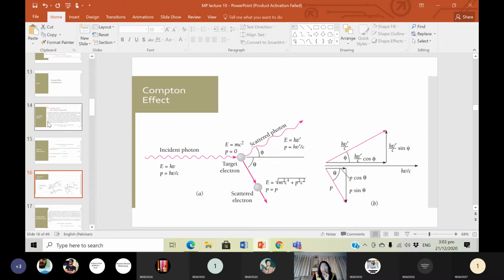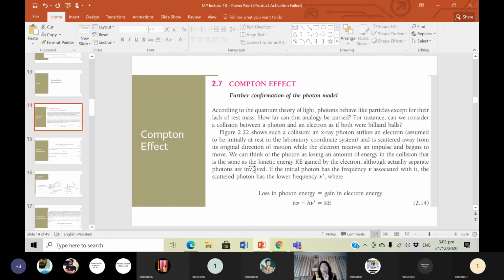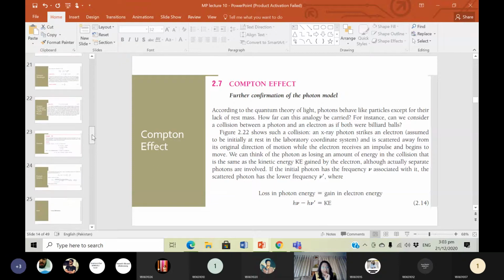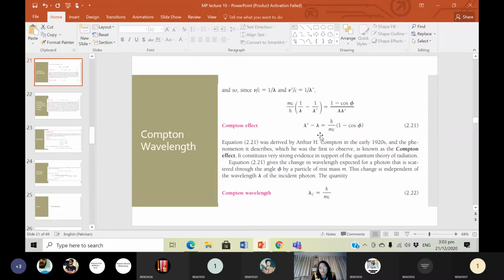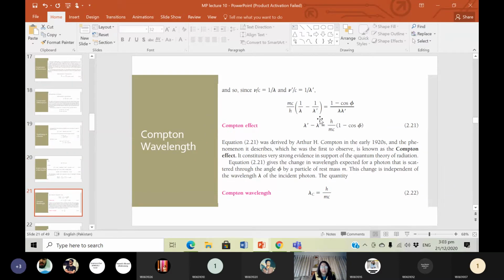So what we want to do here is derive an equation for lambda dash minus lambda. ये हम equation derive करना चाहते हैं. This is the Compton effect formula. The original wavelength of the X-rays was lambda.